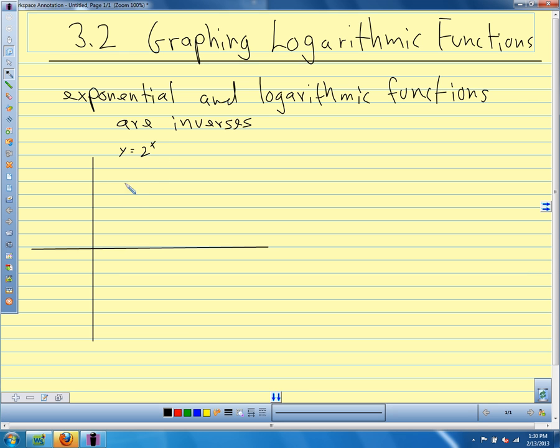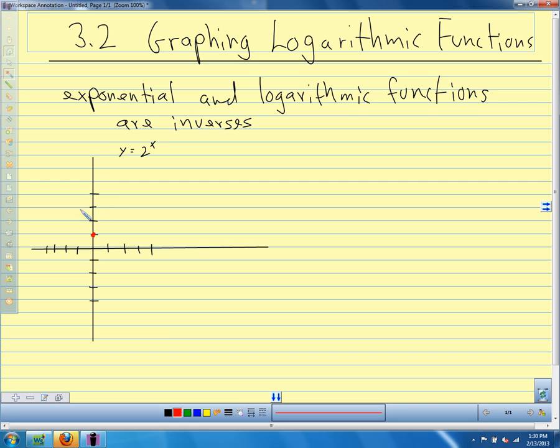And we said that exponential functions, and I'll do the 2 to the x in red. Let me put some marks here on my graph. We said that the exponential function, if it's not shifted, is always going to go through the point 0, 1.